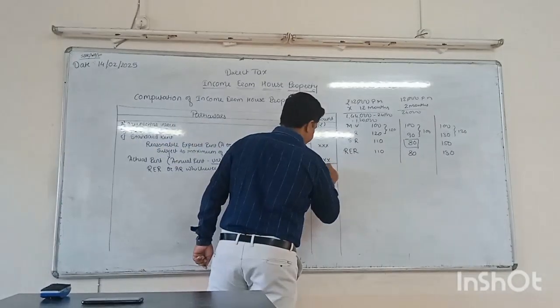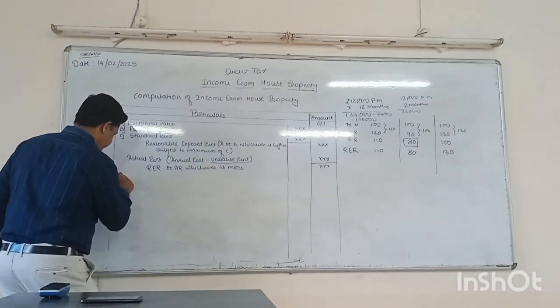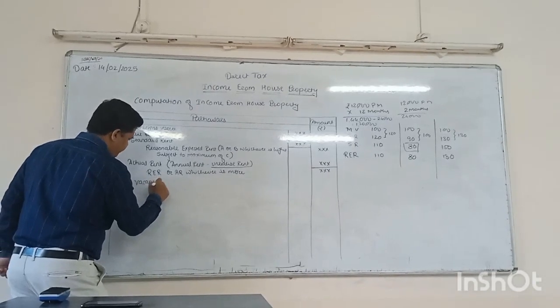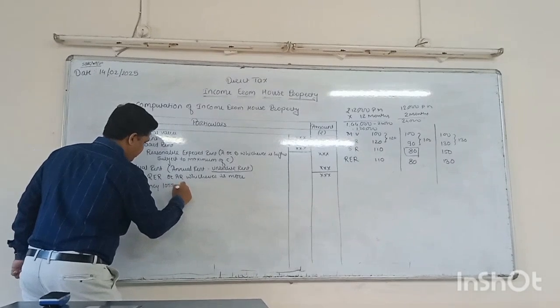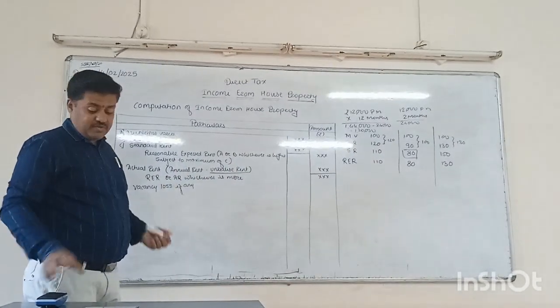This is the pro forma: less vacancy loss, if any. Vacancy loss means what?